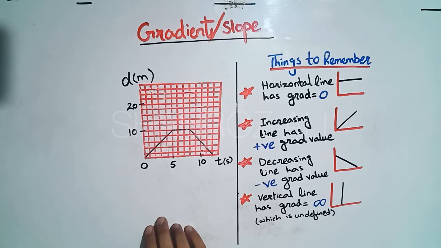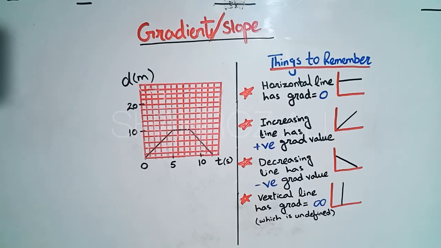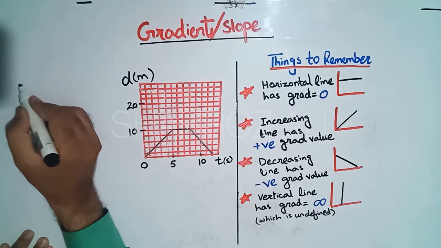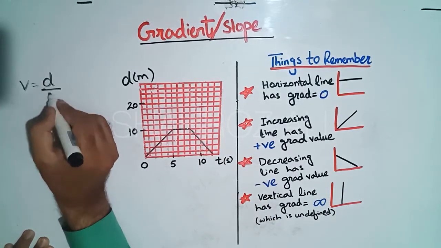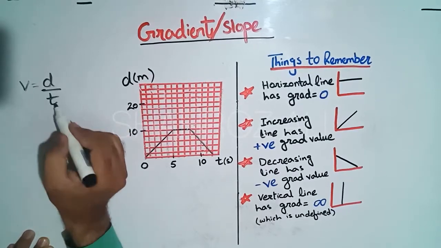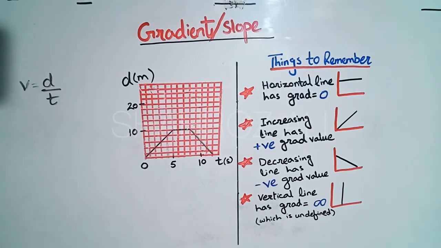First of all we have to see that it is a distance-time graph. The formula for a distance-time graph is v equals d over t. So distance and time give us speed, as I have told you in my previous videos.